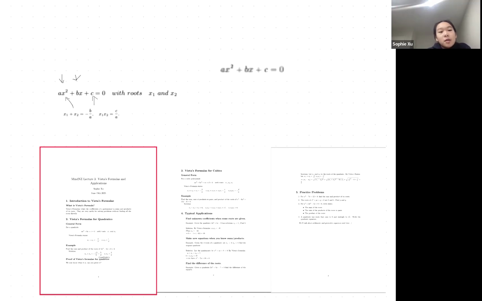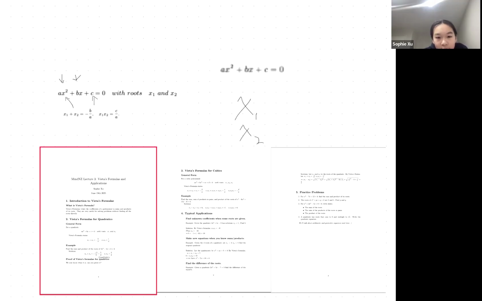Then the two roots are x... Oh my god, should I write it down? Okay, so let's say the two roots are x1 and x2. I'm going to write it separately so it's clear.